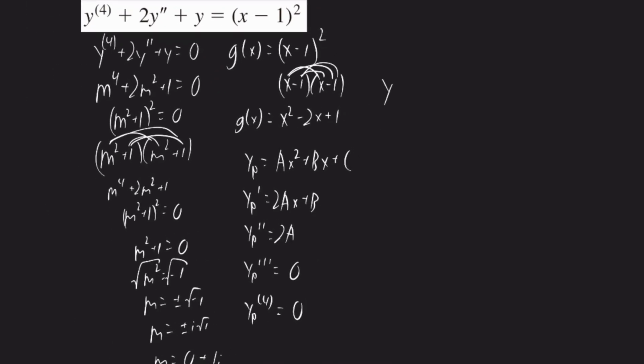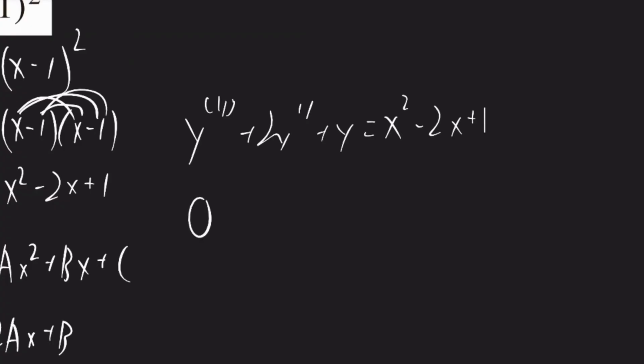The original differential equation was y to the fourth derivative plus 2 times y double prime plus y is equal to x squared minus 2x plus 1. Because yp is a solution to this differential equation, we can plug in yp double prime, and yp to the fourth derivative into this differential equation. Yp to the fourth derivative was 0.